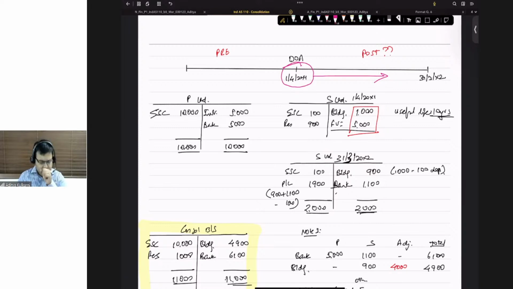So therefore, the increase in fair value on the date of acquisition was regarded as pre, because the fair value had increased in the pre-acquisition period up to the date of acquisition.